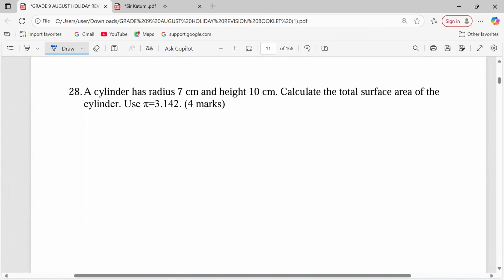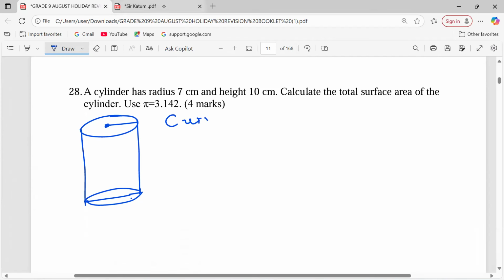If we assume that this cylinder is closed, then a cylinder is usually this way. It has 2 circles, one at the base, another one at the top. Then we have a curved surface. So we will talk about the curved surface first.